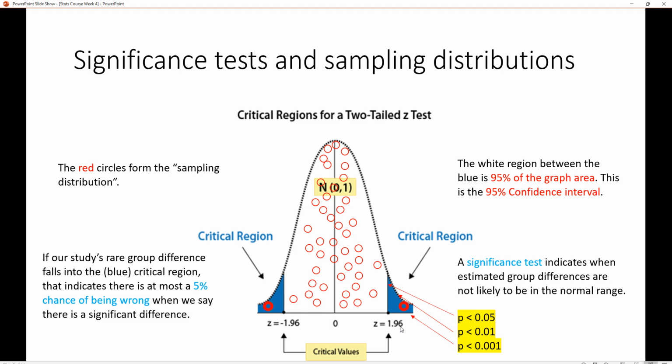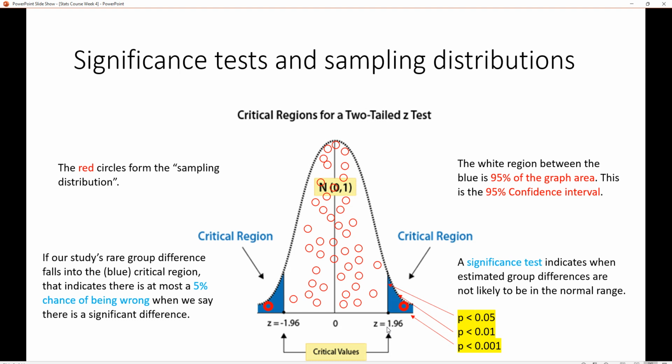We're looking at a z distribution. And if we're doing a z-test, we would use that value of 1.96 or higher to indicate that we have a significant value at the p is less than 0.05 level. And so we have that red arrow pointing to that one point where the blue region begins.